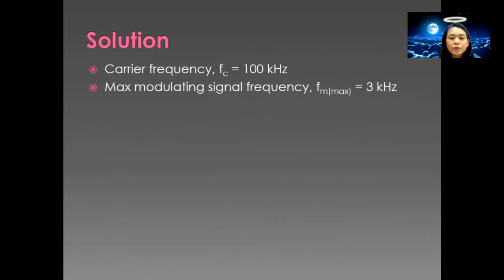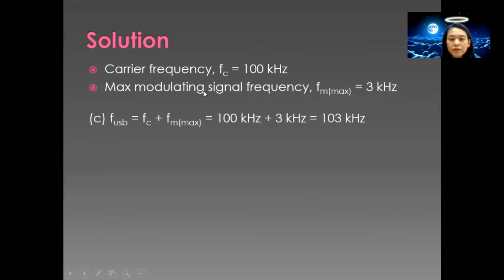For this question C, we have to find the upper and the lower sideband when the modulating signal Fm maximum is 3 kHz. And from the previous question, we have Fc is 100 kHz. So to find the upper sideband, it equals Fc plus Fm max, equal to 100 kHz plus 3 kHz, and we have 103 kHz.